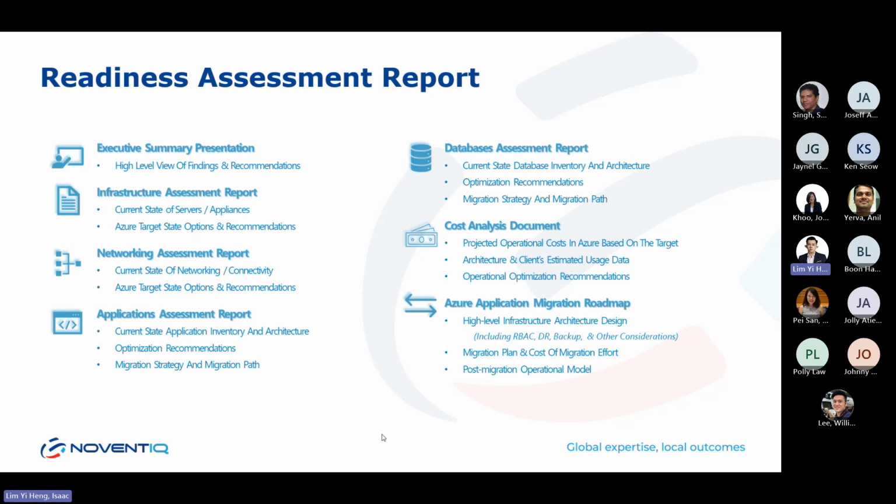If they have any database, that will be assessed as well, with recommendations to optimize it and the migration strategy. Of course, most importantly, the TCO, the comparison for workloads running on premise versus when they migrate their workload to the cloud.